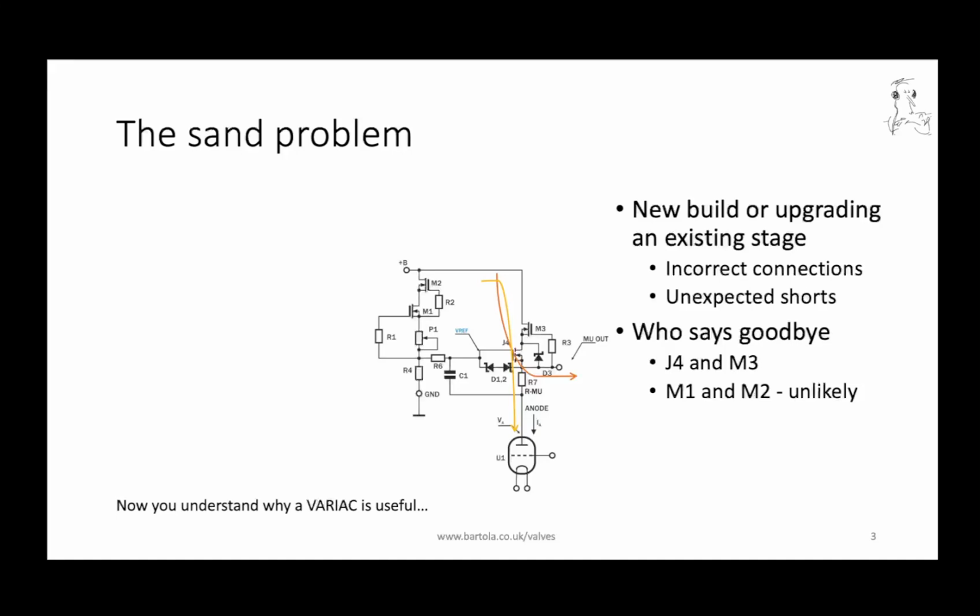Right, so in this diagram you would see a typical mu follower, simplified, not so much on the board component side, but mostly on the surrounding elements that support the valve. There is no filament supply, no HT supply, no input or output connections.